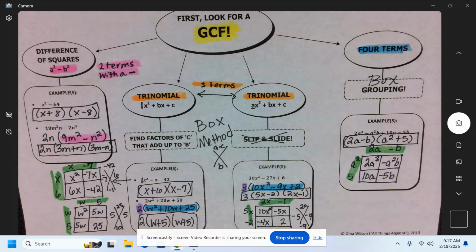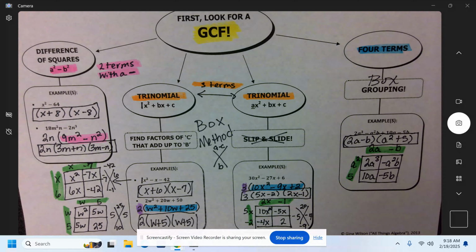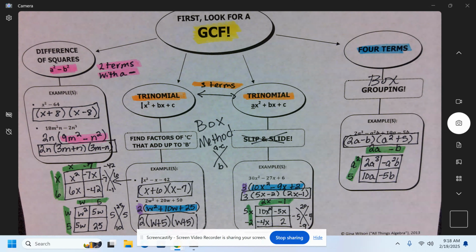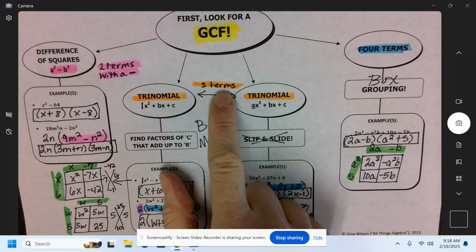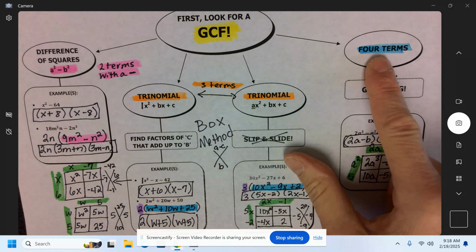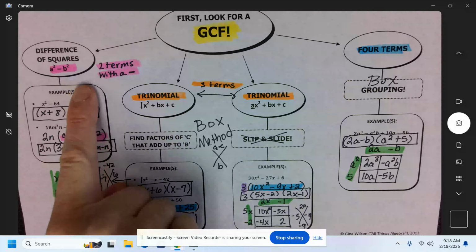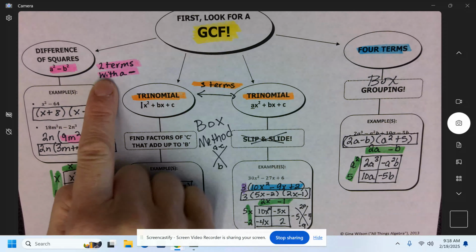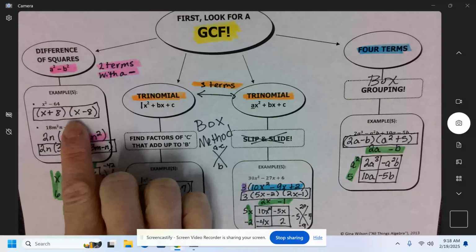So, just as a recap, you first ask yourself, is there a greatest common factor? Take that out if there is. If there's not, that's okay. Then you look to see if you have 2, 3, or 4 terms. If it's 2 terms, check to see if you have a difference of squares so that you can factor it easily, okay?